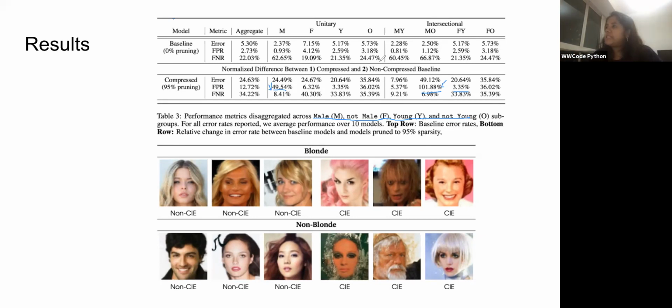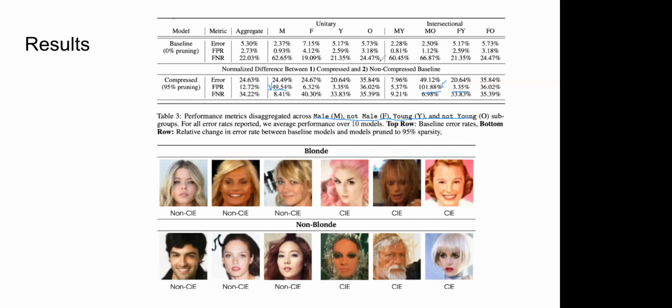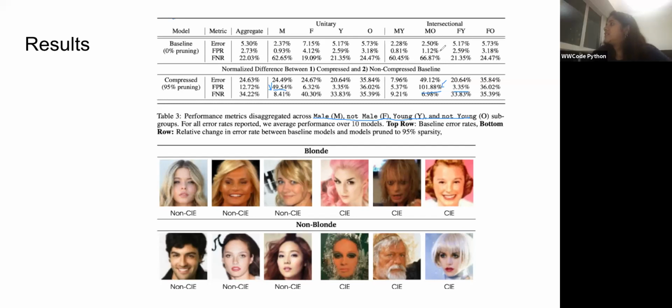Soham, is there anything else that I missed in terms of the results? No, but the results for male and old go from 1% to 101%. Exactly, that's another very interesting thing.